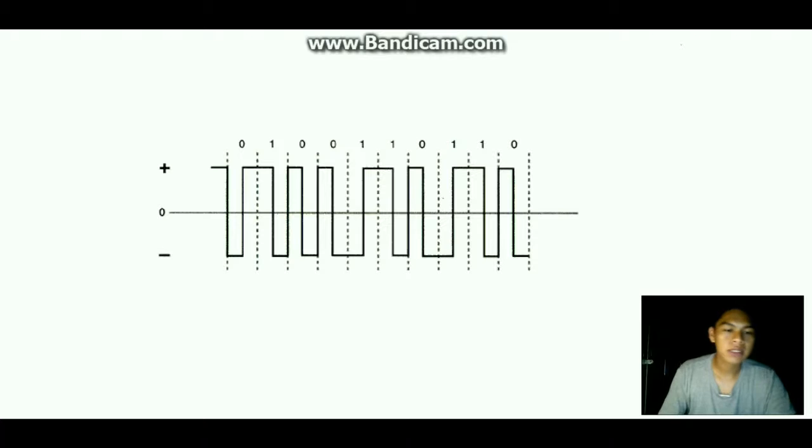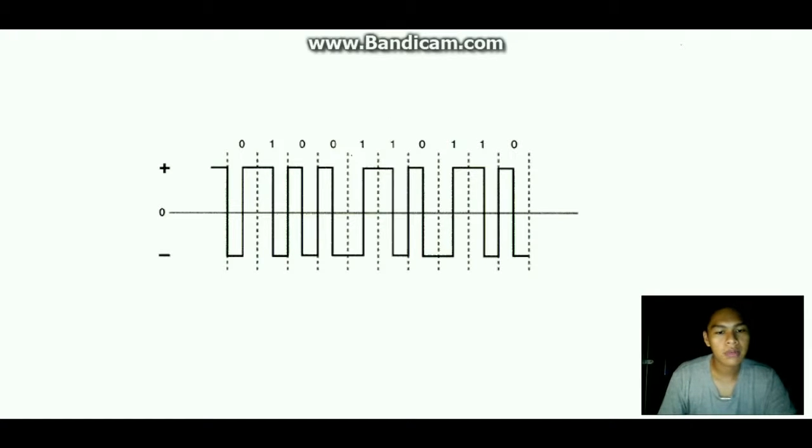In differential Manchester encoding, the inversion at the middle of the bit interval is used for synchronization, but the presence of an additional transition at the beginning of the interval is used to identify the bit.